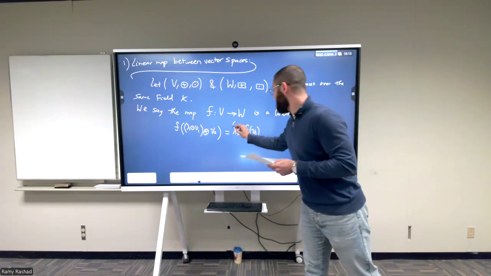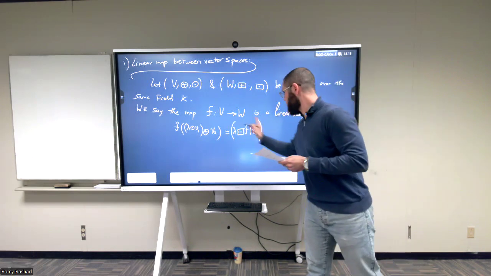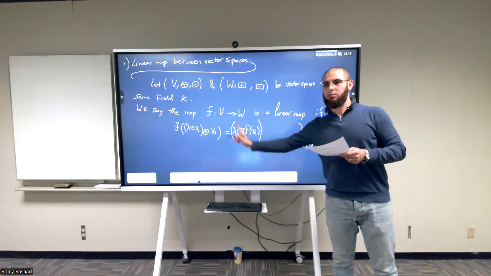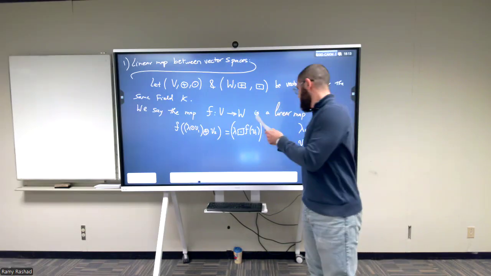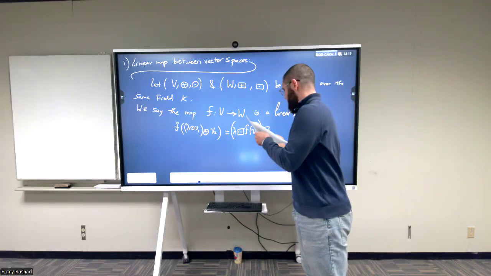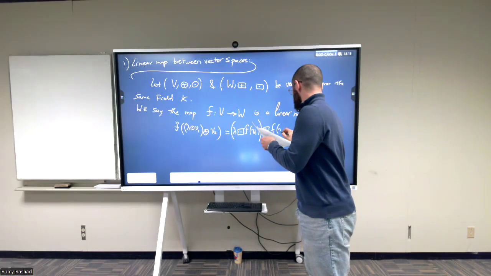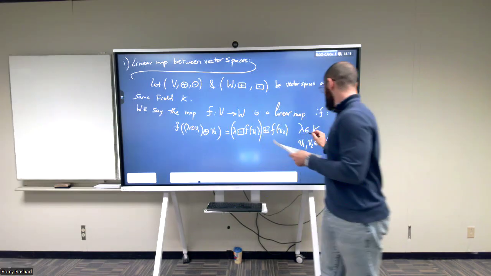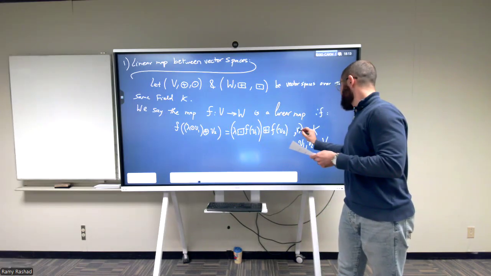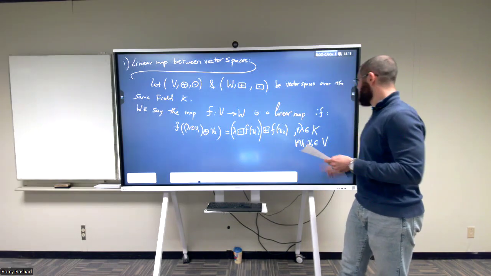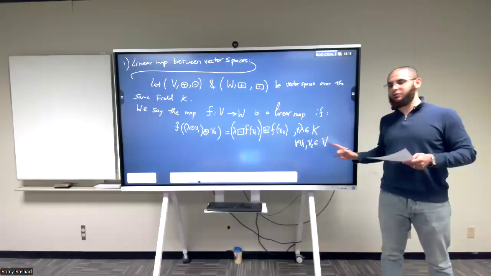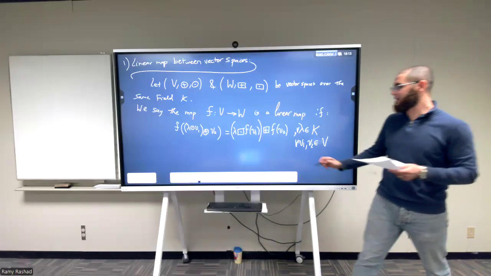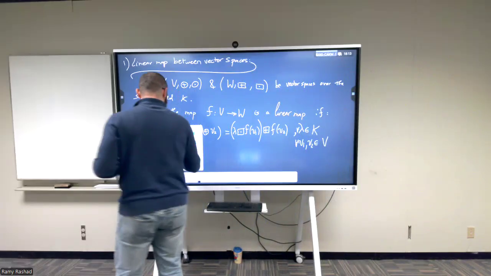What is the result I get? An element in W. What can I do with an element in W? I can add to it another element in W, which is f of V2. And this is defined for all gamma, so for all lambda in K, and for all V1 and V2 in V. And this is the definition of a linear map.